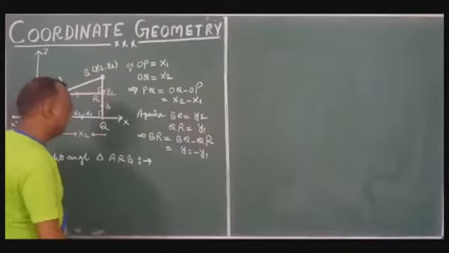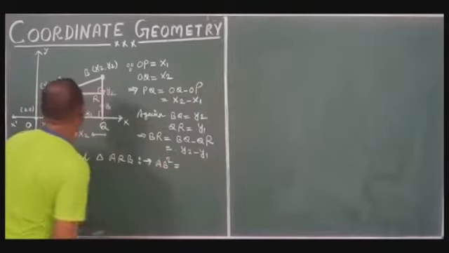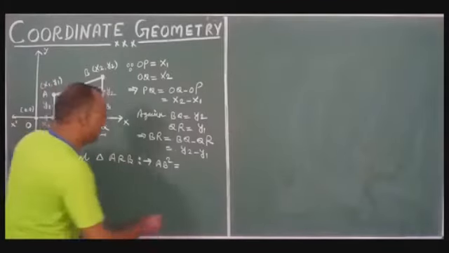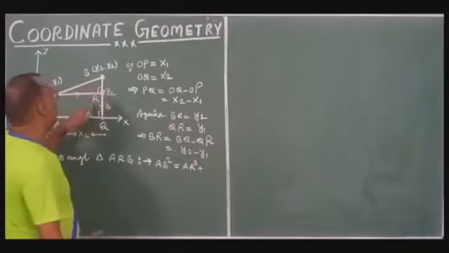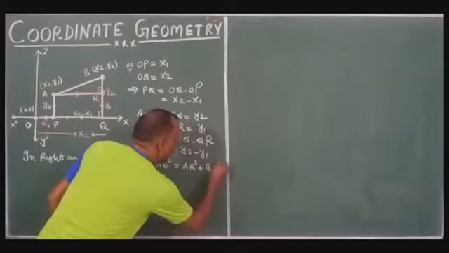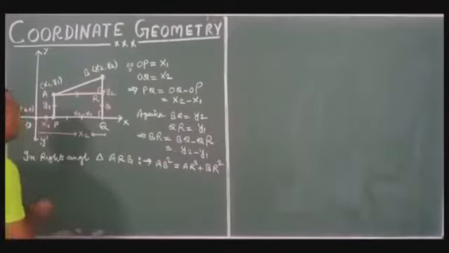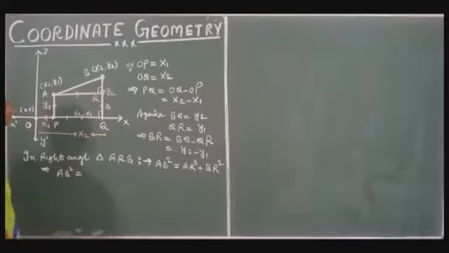The square of the hypotenuse will be equal to the sum of the squares of the base, that is AR square, plus the square of the perpendicular, BR square. Is it okay? So now just put the values. It means AB square is equal to, just tell me, what is AR? AR is equal to PQ.